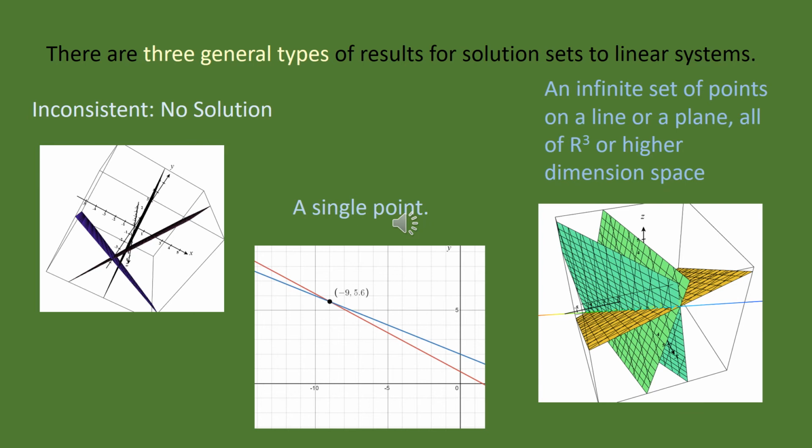You are not going to have just 2 or 3 or 4 distinct solutions. There's either no solution, there's one solution, or there's infinitely many. It's either one or infinitely many, and the infinitely many will lie on some equation. I mean, it could be all of three-dimensional space or four-dimensional space, or it could be a line or a plane.